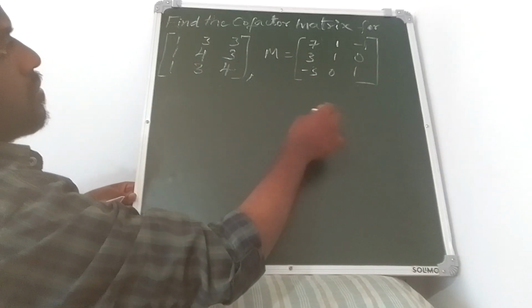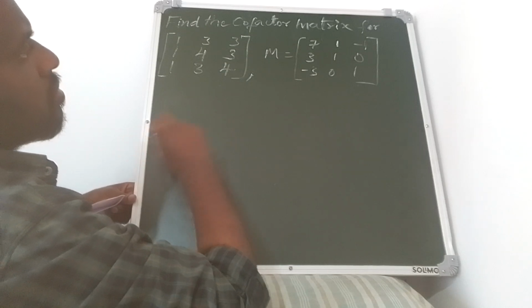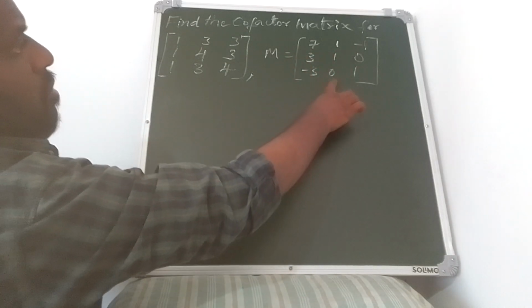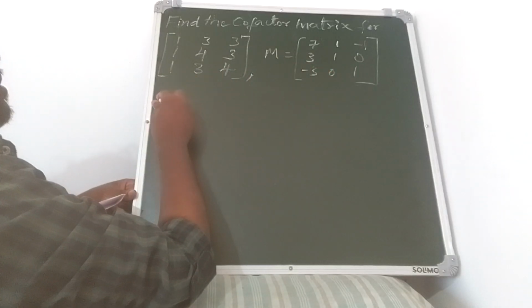Before that, I will write the general form of this matrix first. So this can be written in general like this.